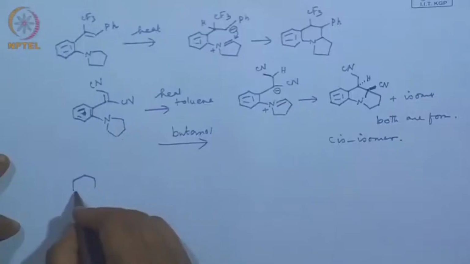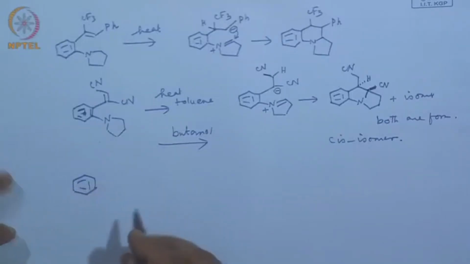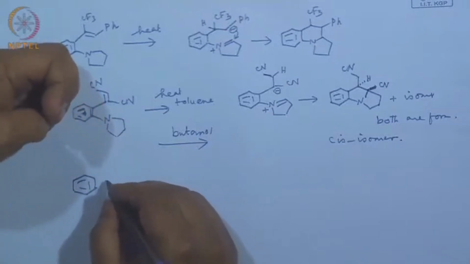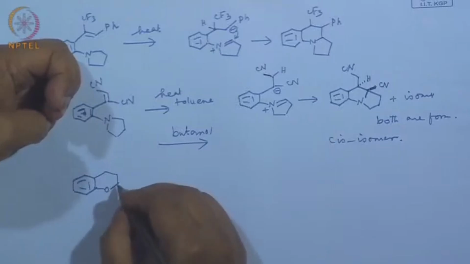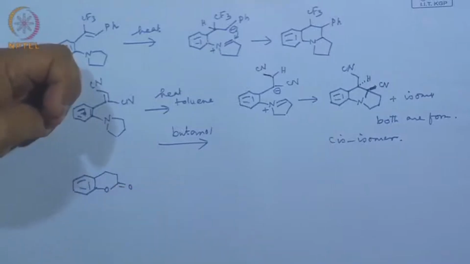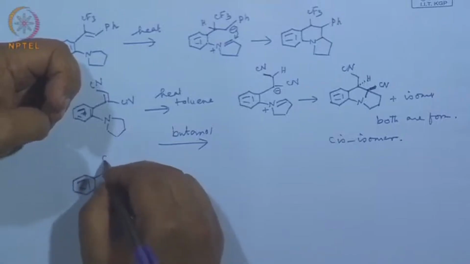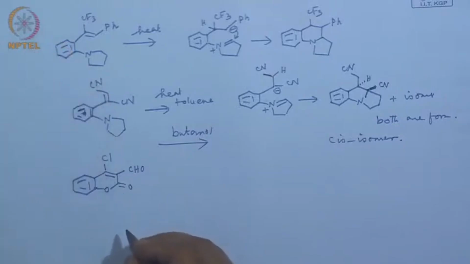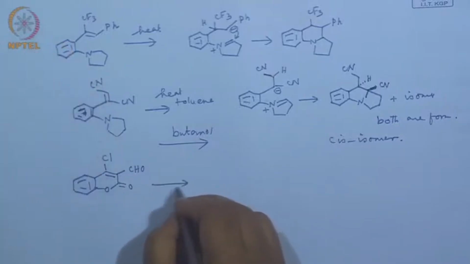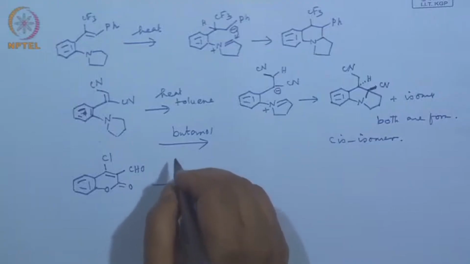starts from a coumarin. All of us know, right, what is coumarin? Coumarin is a bicyclic molecule with a lactone ring with oxygen attached to this phenyl ring, the essential source is lactone, and then the two functionalities that we have here is a formyl group.